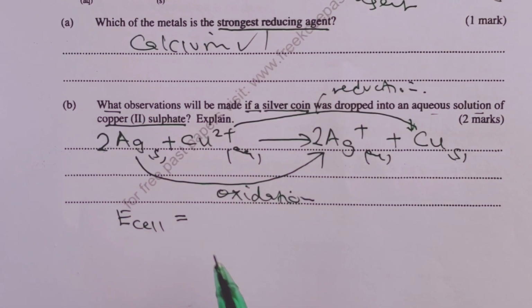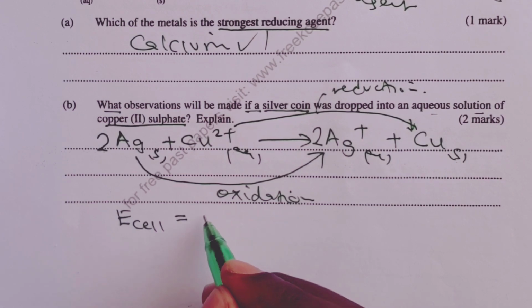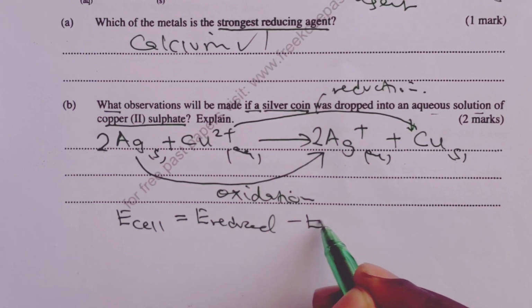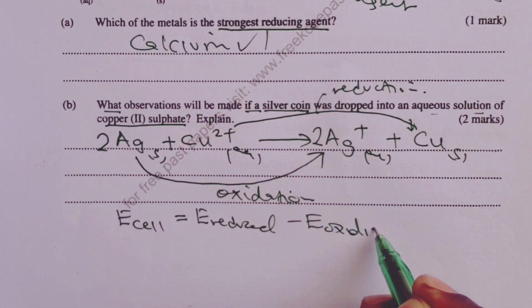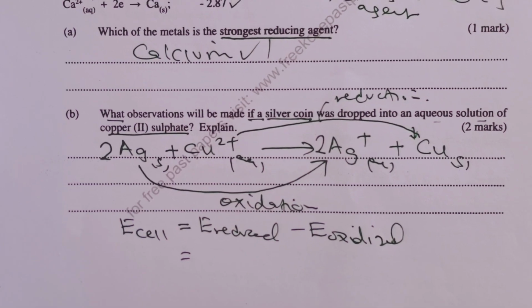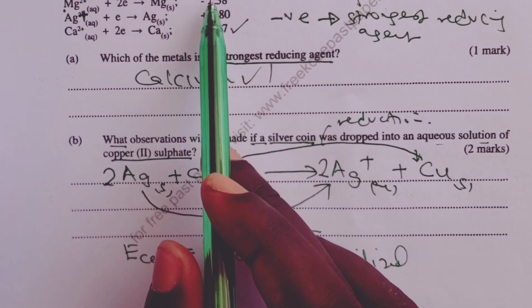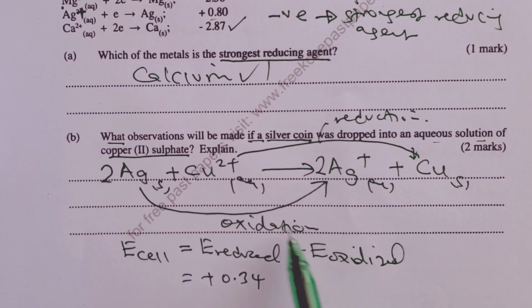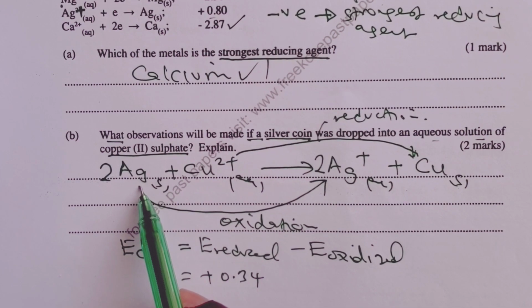What are we going to read in the voltmeter? So E cell is given by E reduced minus E oxidized. E reduced, according to our equation, is copper. Copper has a value of positive 0.34. E oxidized would be silver.